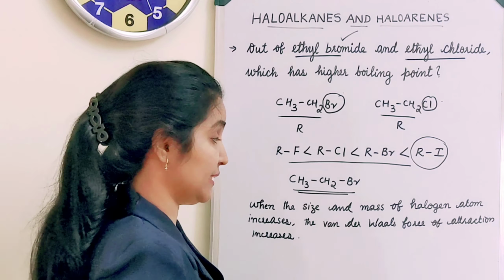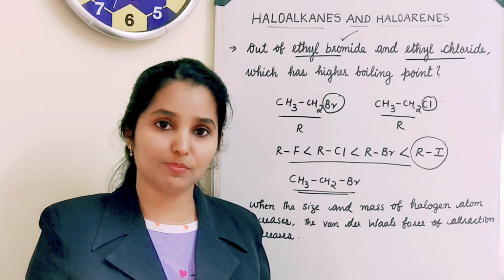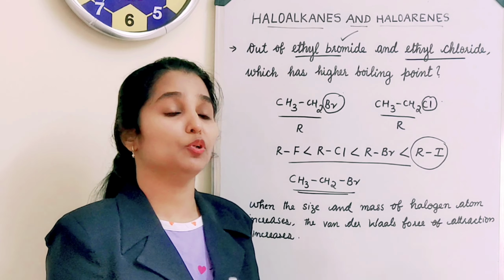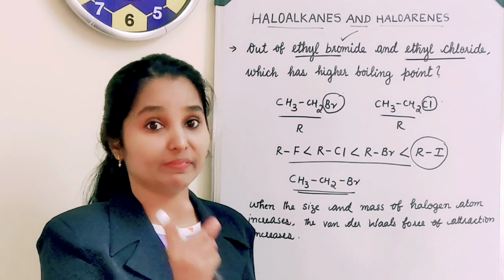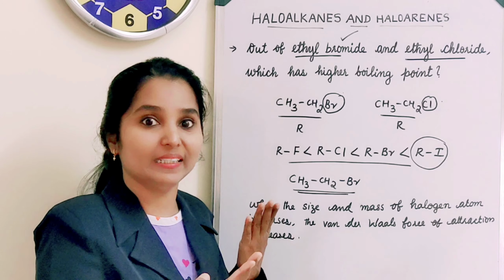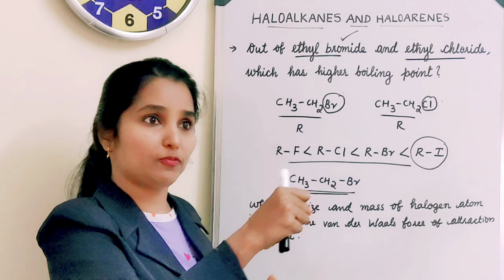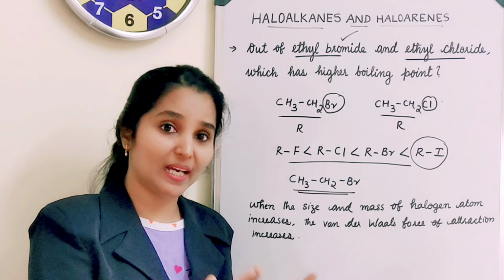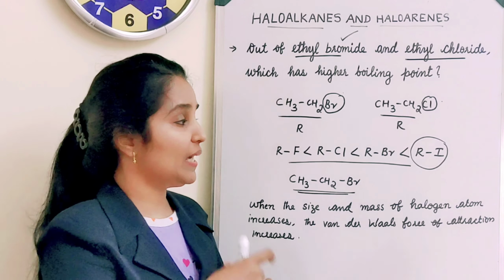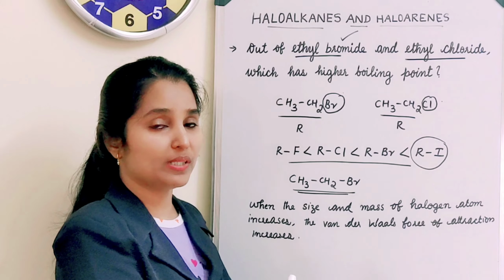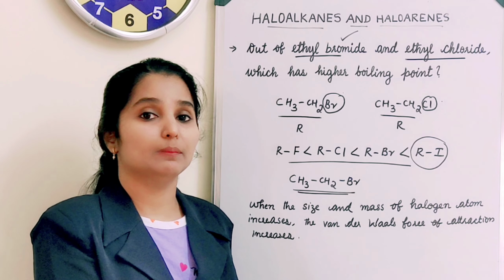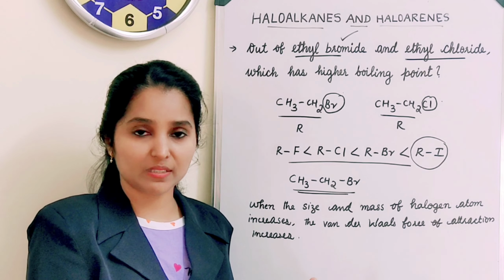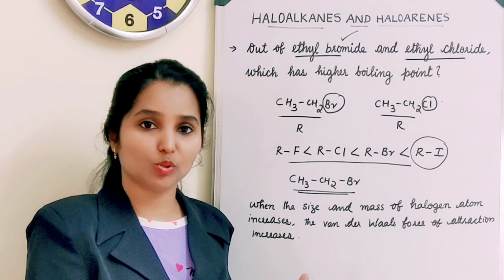So what you have to do, if two or three different alkyl halides are given and you have to opt for the one with the highest boiling point: if the alkyl groups are the same in the given compounds, you have to look for the halogen atom. The biggest halogen atom will have more mass than the other ones, and that will have more van der Waals forces of attraction, and so it will have the highest boiling point.